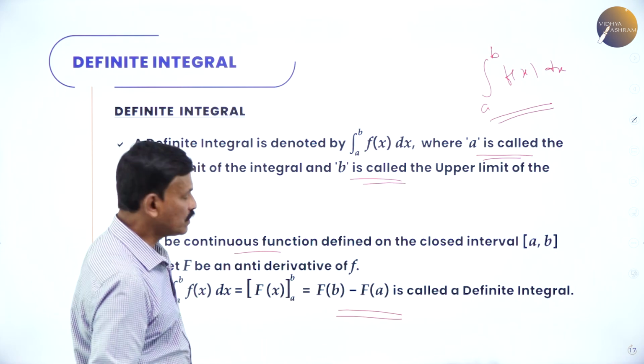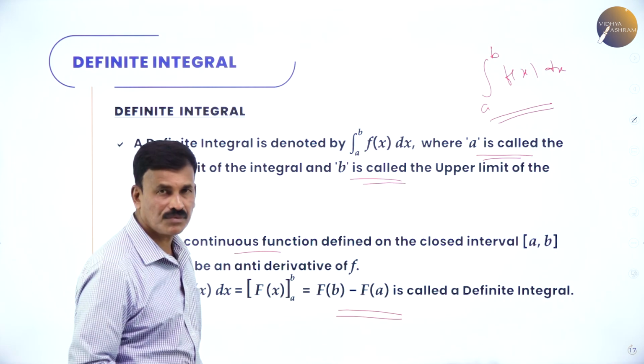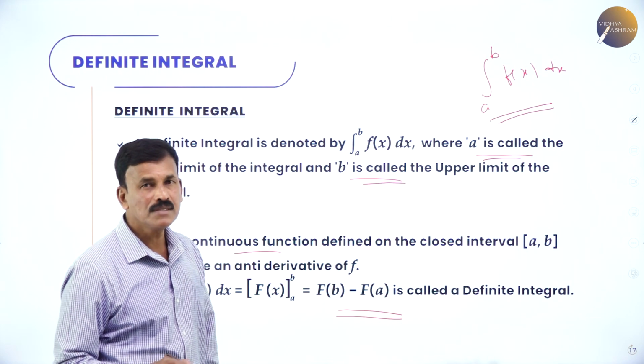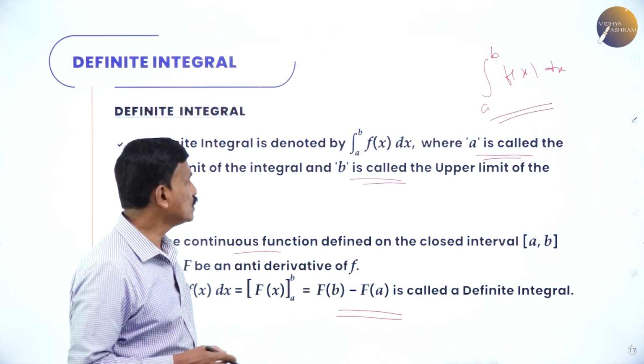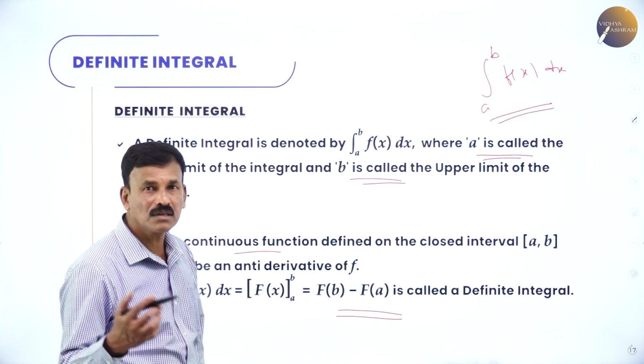Just apply the upper limit first: F of b minus F of a. There is no need of adding the constant of integration because this itself is a constant value. This is a definite value, that is why it is a definite integral.